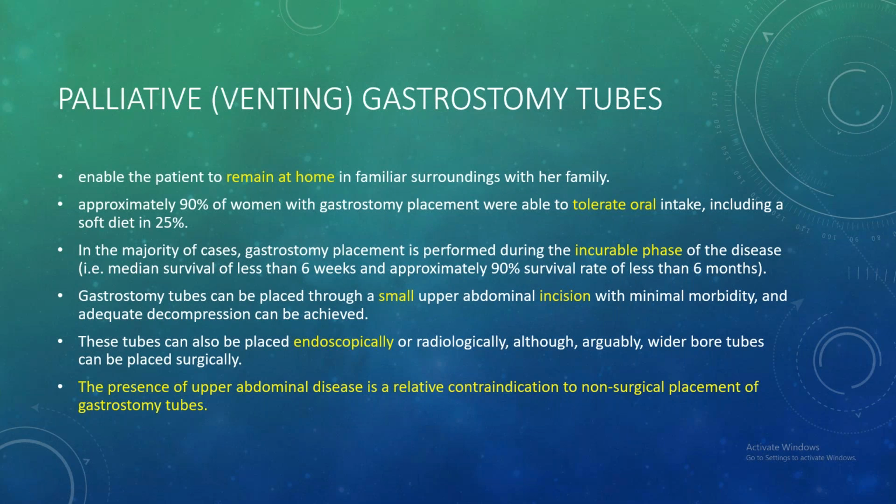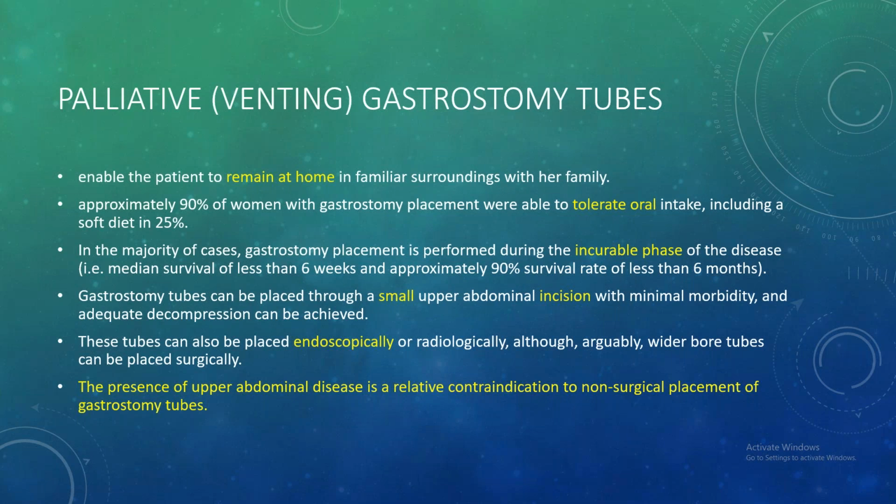Also, most of these gastrostomy tubes are placed when the patient is in the incurable phase of disease, where the median survival is less than 6 weeks and 90% survival is less than 6 months only. So it is usually performed in terminally ill patients. It can be placed through a small incision, or either endoscopically or radiologically.